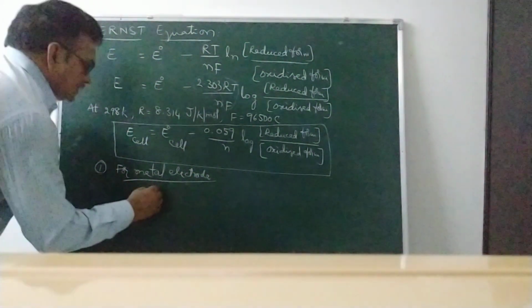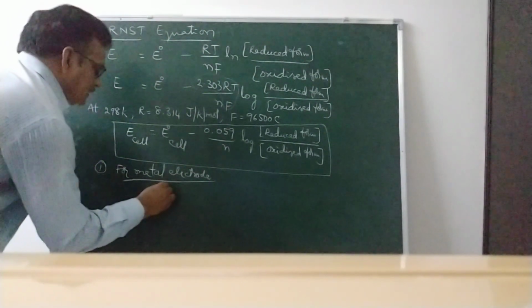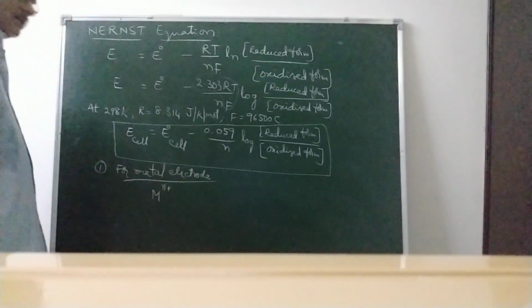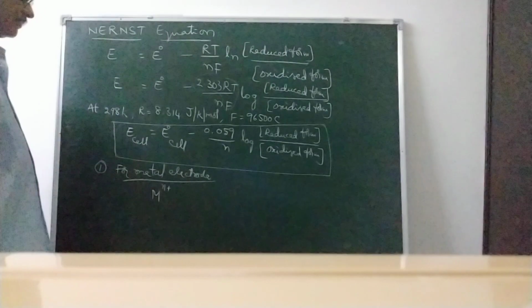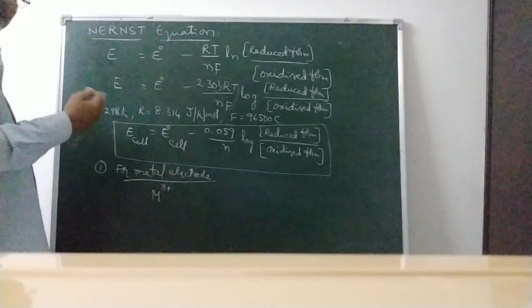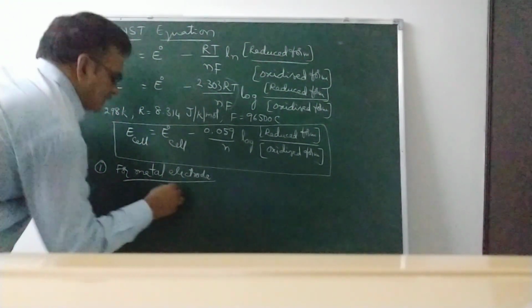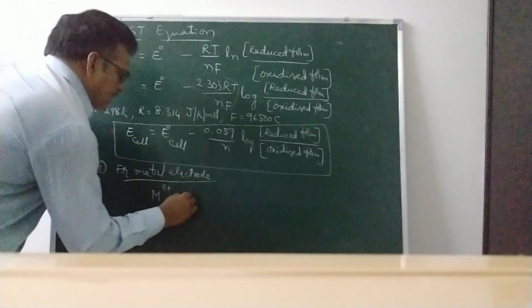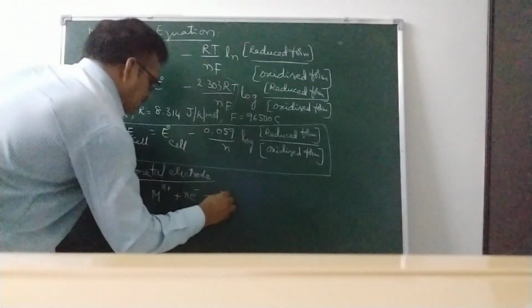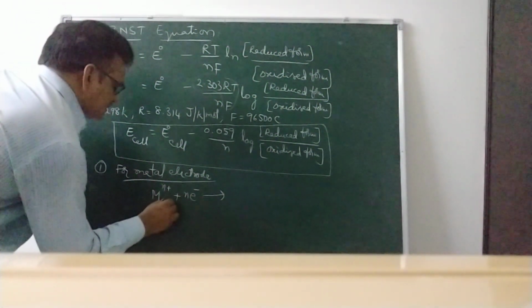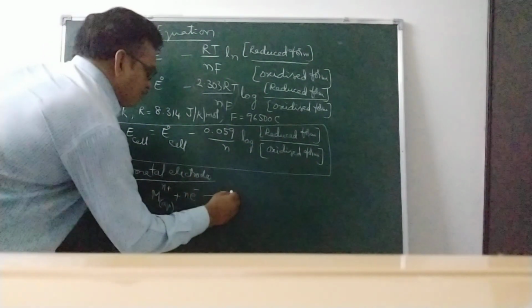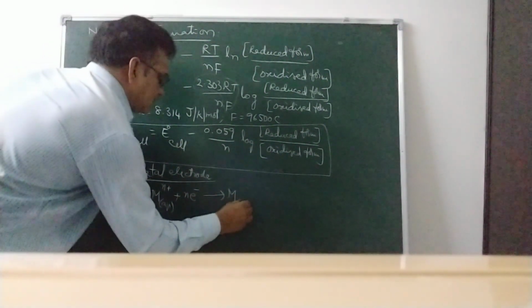say M is the metal, Mn+ is the metal ion. So we are taking reduction. Reduction means gain of electrons. So Mn+ aqueous takes n electrons and converts into M solid.